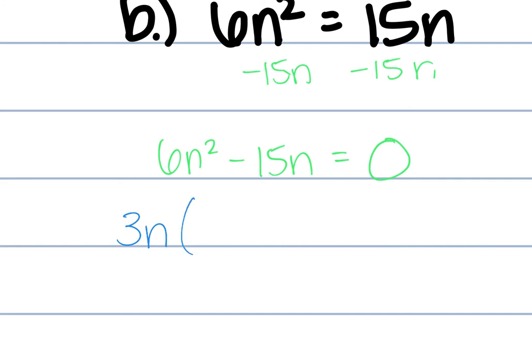And when you factor out 3n, what goes inside my parentheses, Ronnie? Nope. Zach? Cody? 2n minus 5.